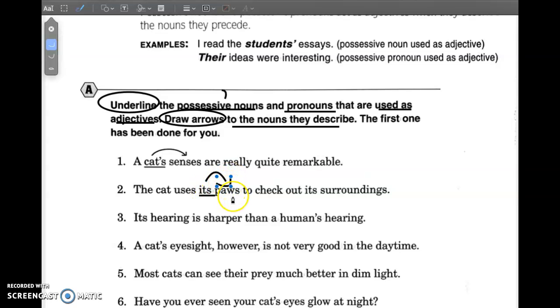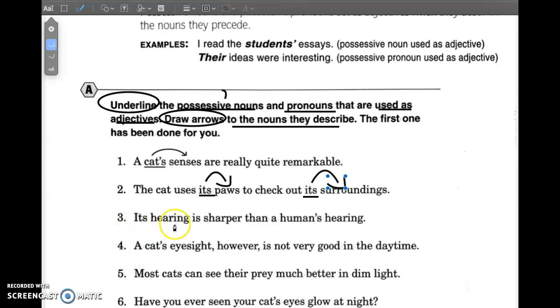The possession of the paws belongs to it. In this case, its is our adjective describing paws. There's one more. If you found the other its, you got it. Its surroundings. In this case, the surroundings belong to it. It owns its surroundings.